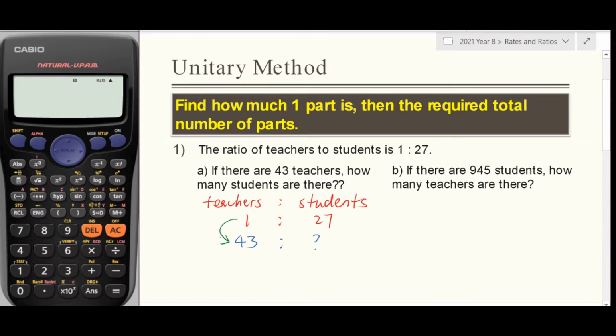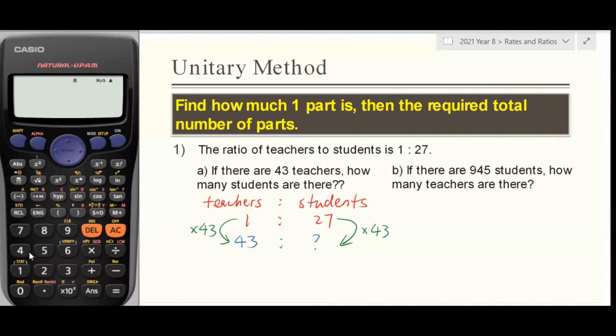How many times have I enlarged my original number? Your answer should be 43 times, because 1 times 43 is equal to 43. So in the same way, I have to expand on the right-hand side by the same proportion. The number of students needed should also be 43 times larger.